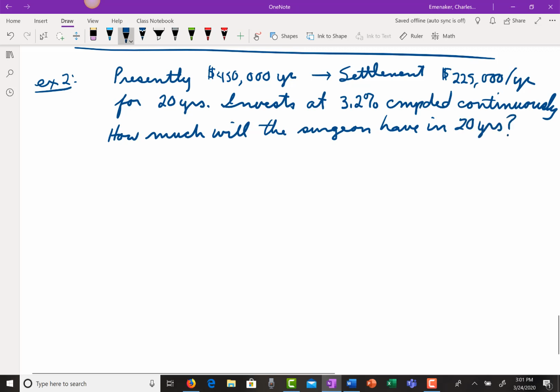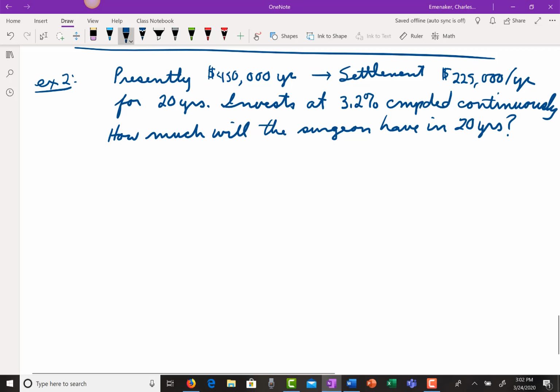Clearly, this is future value because we're asking 20 years down the road. Now, one of the problems with this, it's okay just to look at it as an example, but if the surgeon isn't able to do surgery, they've lost their income and they're living off this $225,000 a year, which may sound a lot like us, but it depends on what your standard of living is. If they're living off of that, how are they going to have it to invest? Was the question I had in mind.